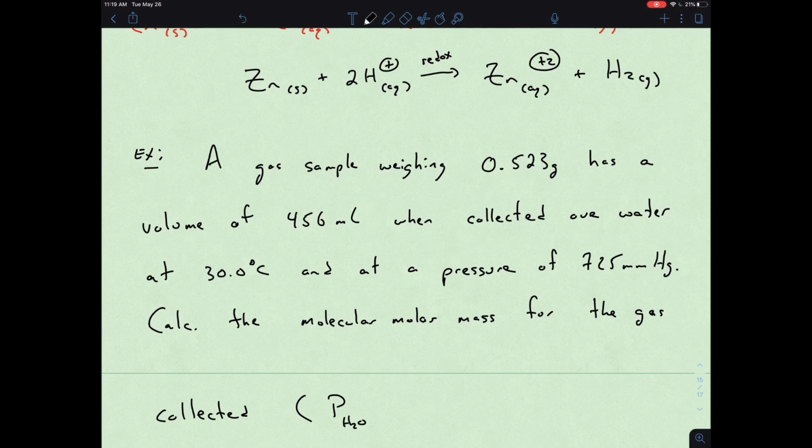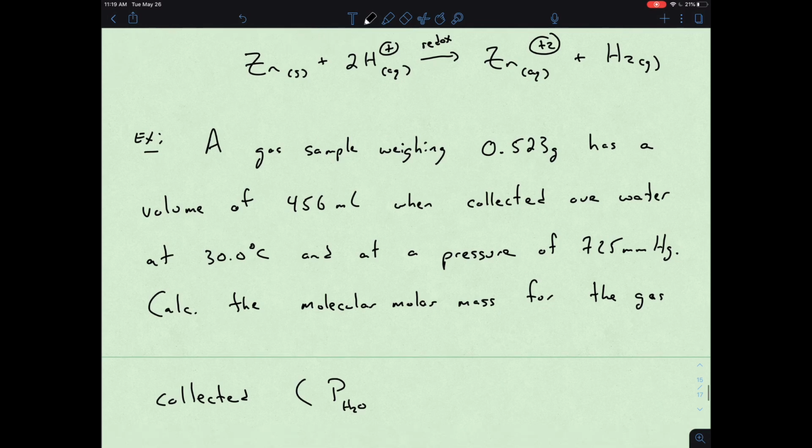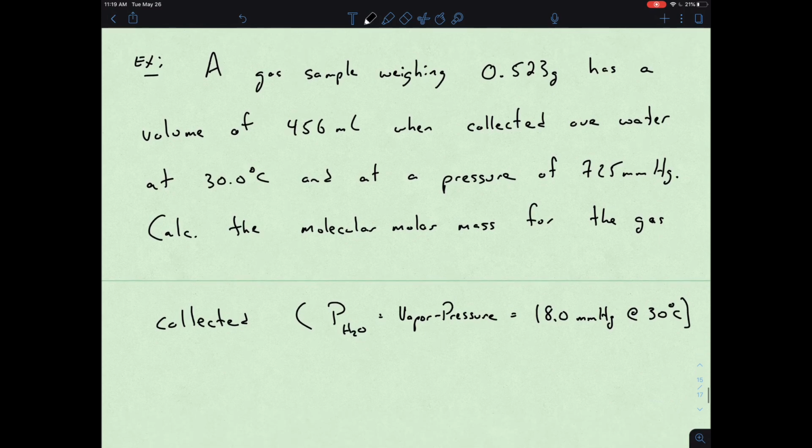The pressure of H2O here, noting that this is the vapor pressure, is equal to 18 millimeters of mercury at 30 degrees Celsius. So given all that information, we should be able to determine the molar mass of the actual gas.